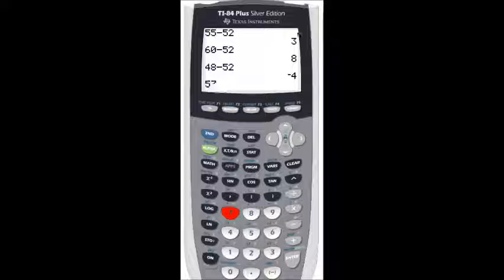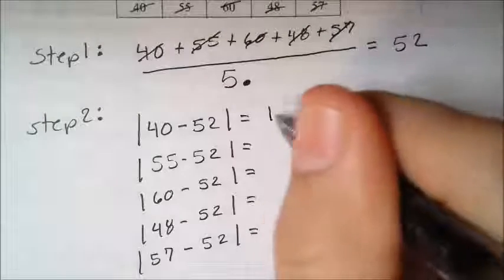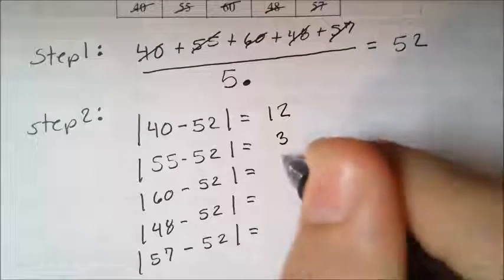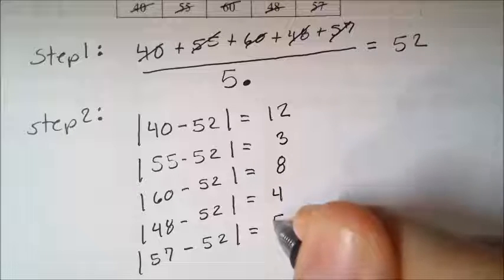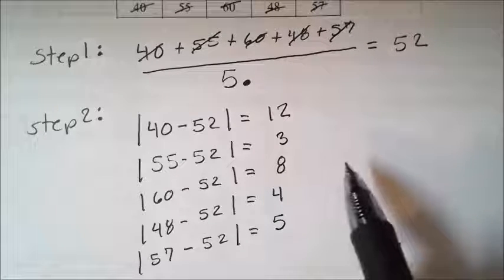And 57 minus 52. So what we need to do now is just write down the positive value of all these answers, and then we're going to add them together and take the mean of them for our step 3. Alright, so we had 12, 3, 8, 4, and 5. And those are all of our numbers.